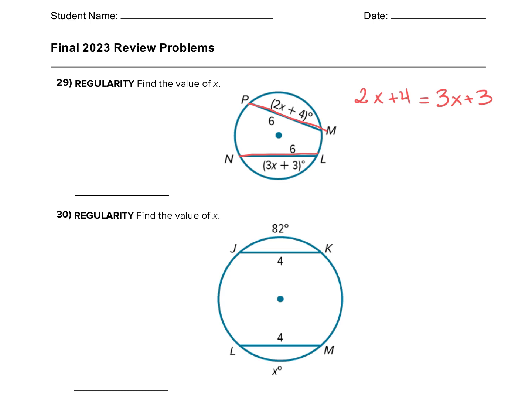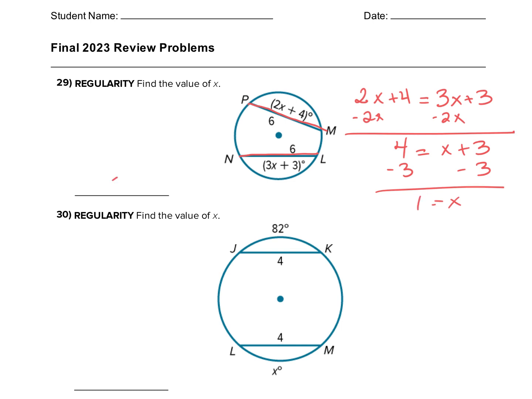If each chord is congruent, then obviously those expressions related to those chords are also congruent. So when I subtract 2x from both sides, I get 4 is equal to x plus 3. Subtract 3 from both sides, so x equals 1.